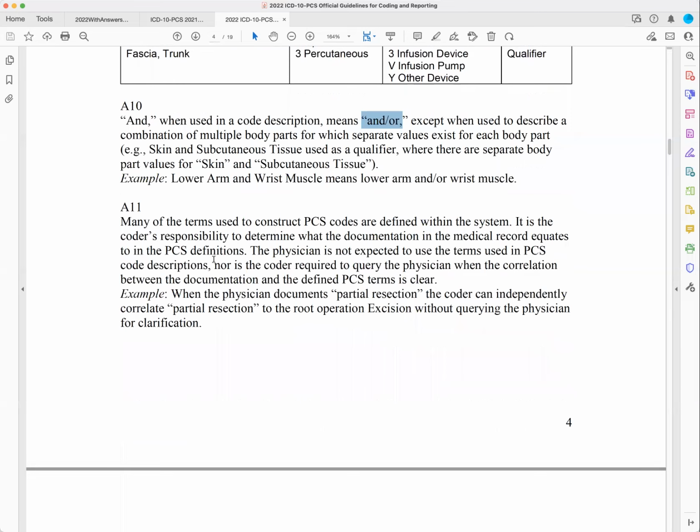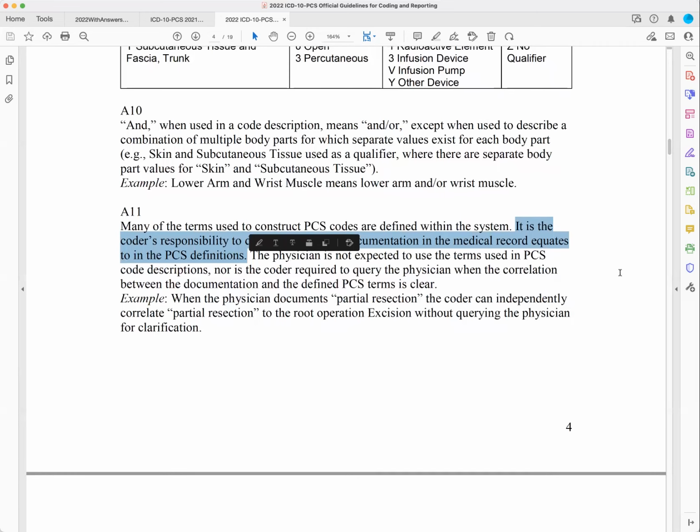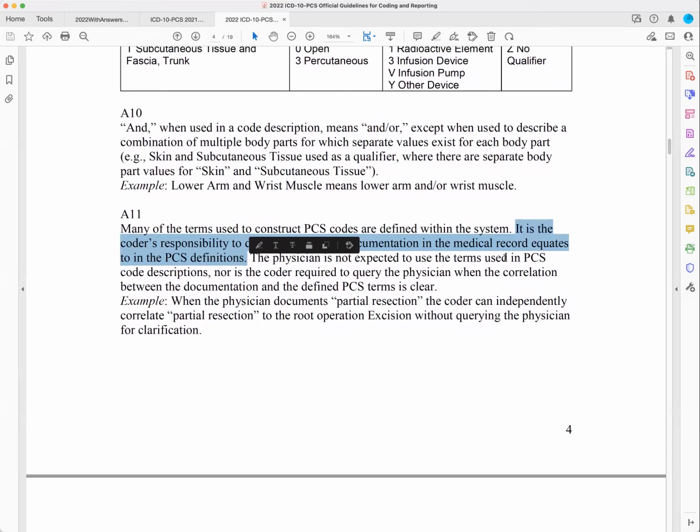Many of the terms used to construct PCS codes are defined within the system. It is the coder's responsibility to determine what the documentation in the medical record equates to in the PCS definitions. So this is one of the most important guidelines, really.